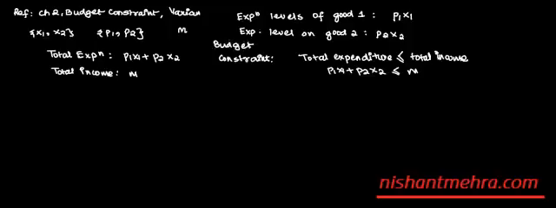That's the idea of this chapter: P1X1 plus P2X2 is less than or equal to income.